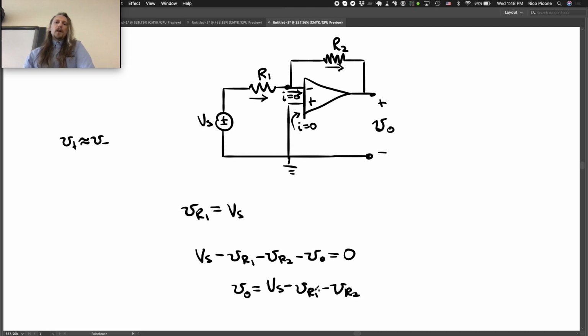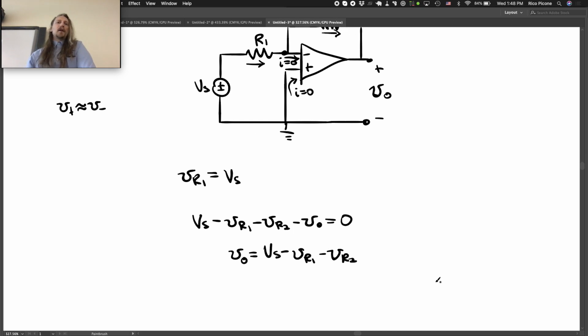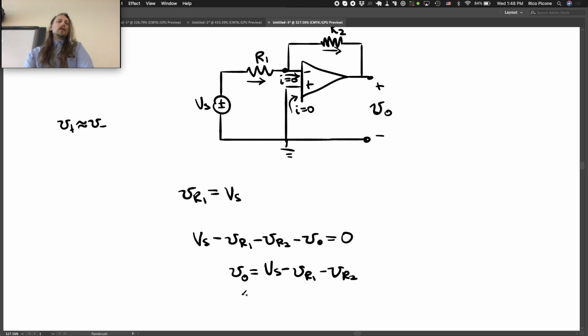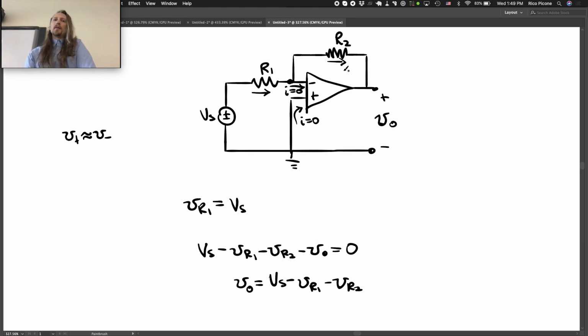So if we knew VR1 and VR2, we would be able to find our output voltage, right? Vs is the input. It's going to be in terms of the input, whatever our final answer is here. So VR1 we already know. So now we just need to figure out what VR2 is going to be.